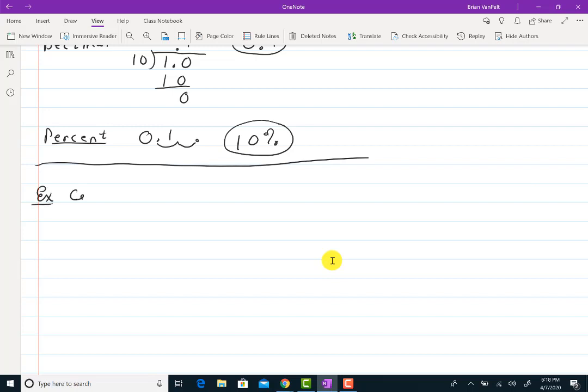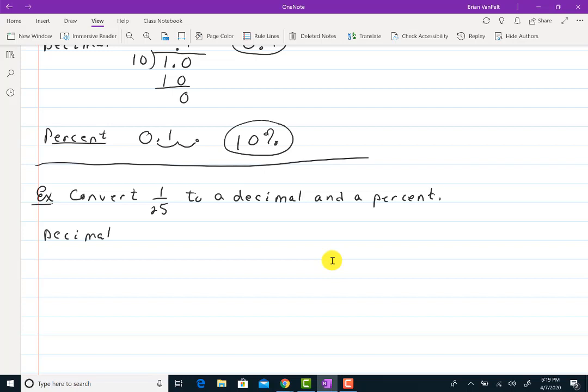Let's convert 1 over 25 to a decimal and a percent. So for the decimal, I'm going to do exactly what I did last time.